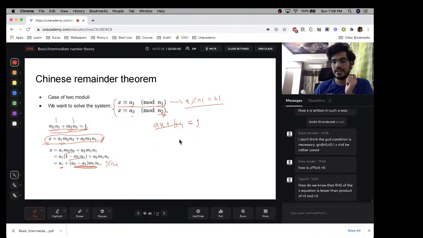Since this number mod n1 is equal to a1, x mod n1 is equal to a1, then x mod n1 n2 mod n1 will also be equal to a1.